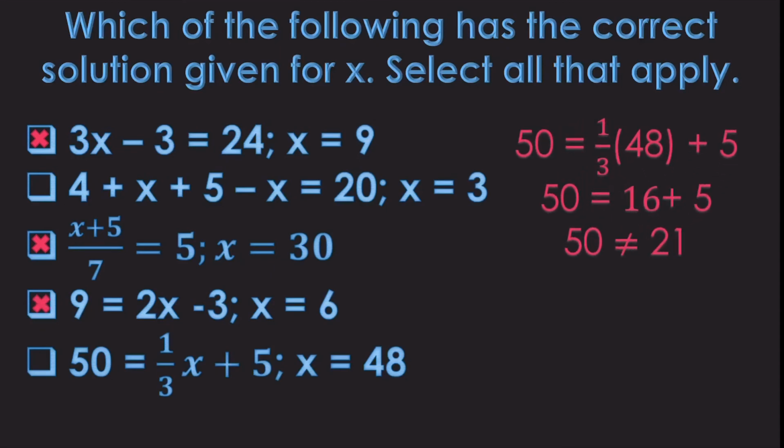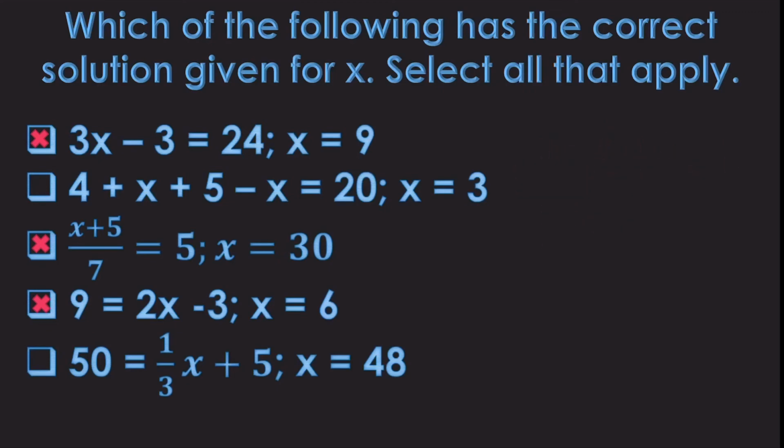Now I'm plugging 48 in. When I multiply by a fraction, I'm basically dividing by the denominator and multiplying by the numerator. So 48 divided by 3 is 16. 16 plus 5 is 21. In no way does that equal 50. So we wouldn't mark it.